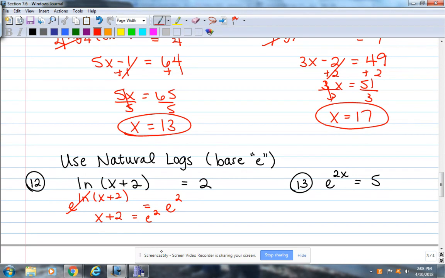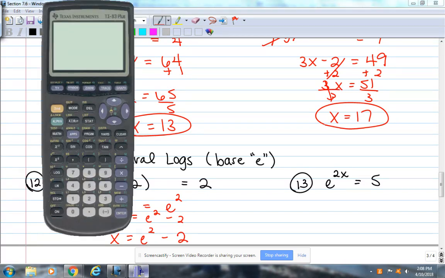E's just a number. We're going to put that in our calculator in a second. How do I get rid of the plus 2 with the x, though? Subtract 2. So x is going to equal e squared minus 2. And we can put that in our calculator to approximate it.